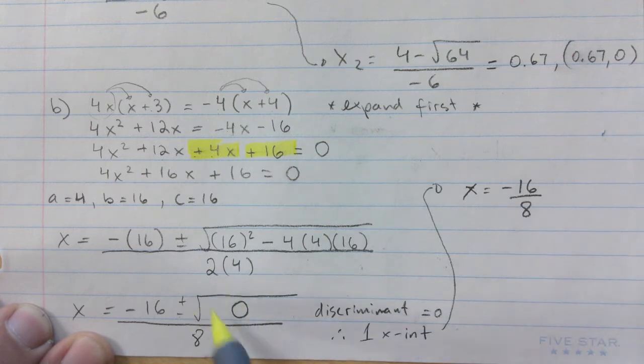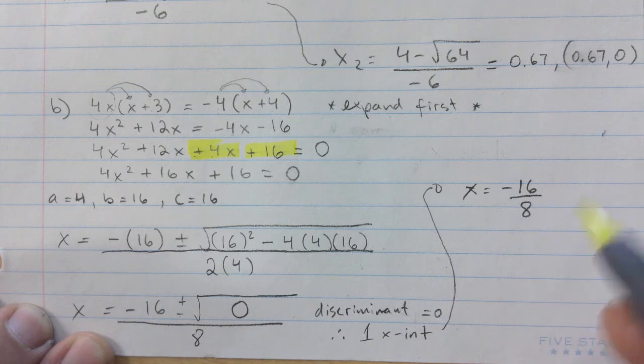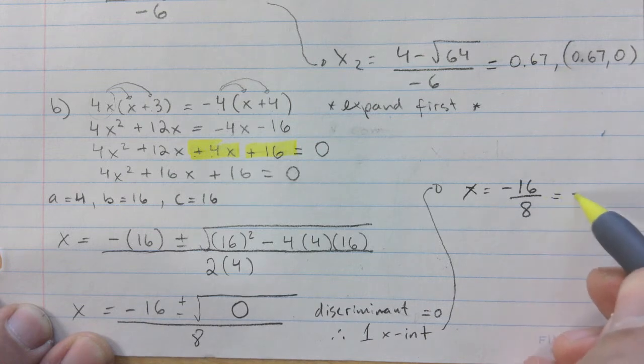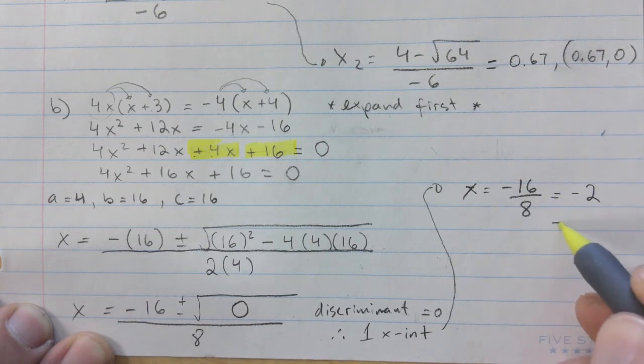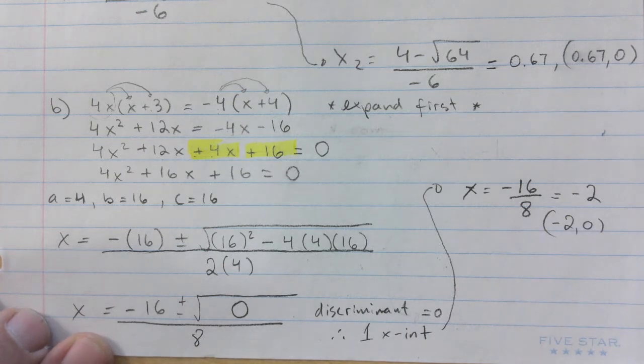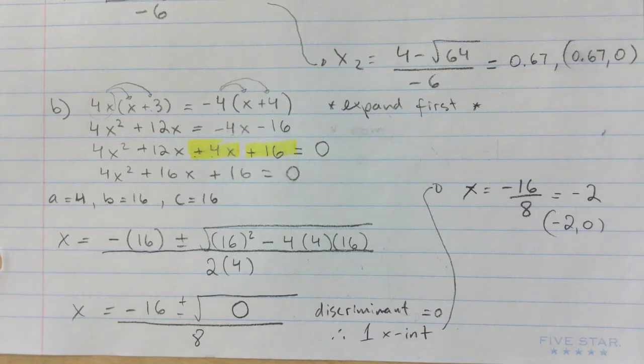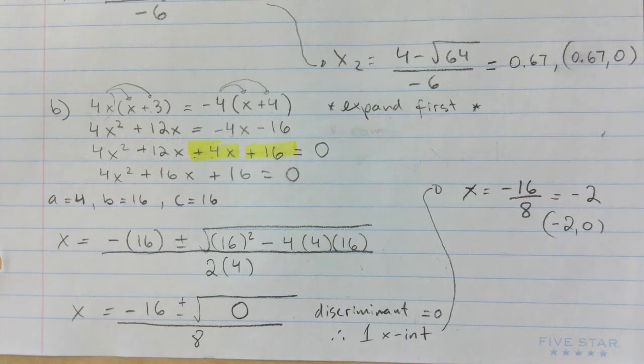Because the square root of 0 is just 0, so you end up with negative 16 over 8. And that's just negative 2. So negative 2, 0 is the only x-intercept there. And we'll do one more.